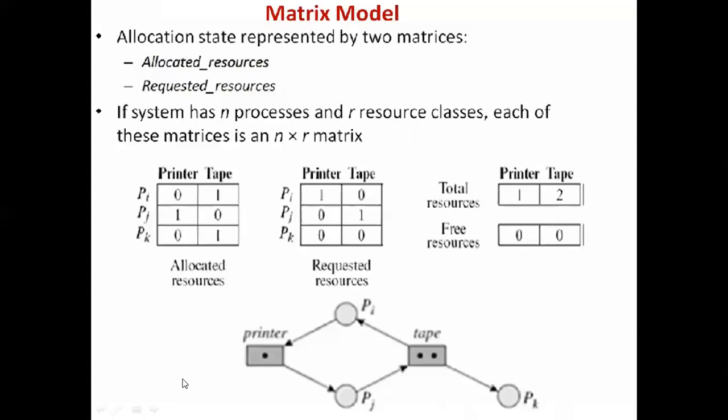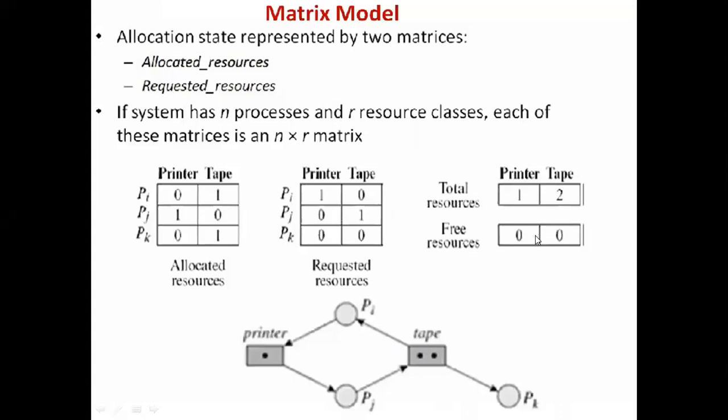Why? Because one resource of printer is allocated to process PJ, and even though we have two resource units of the tape drive, one gets allocated to the process PI, and the second gets allocated to the process PK. So both the resources of the tape drive are already allocated to process PI and process PK.